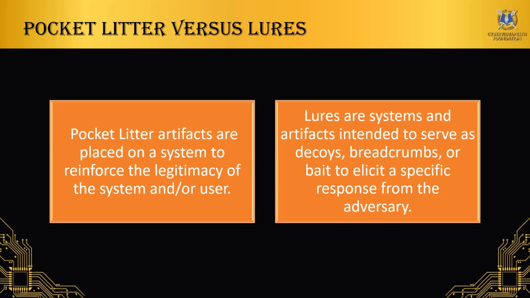Suppose I put a password file there, or I set a password in the Chrome browser, and I have also left some passwords somewhere in the system in clear text format. What will happen? The adversary will get excited that this is what I was looking for. I have now got a second layer of credentials to access more of the network. So this will be a bait to elicit a specific response from the adversary.